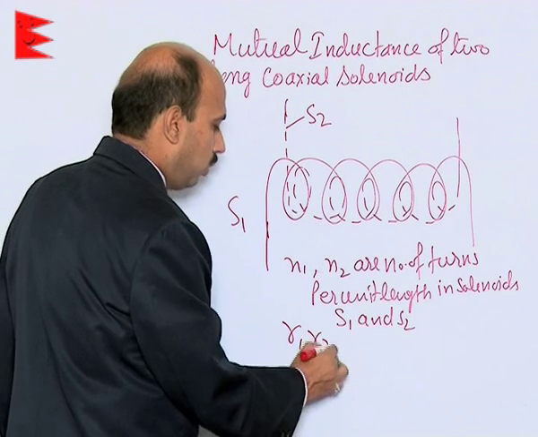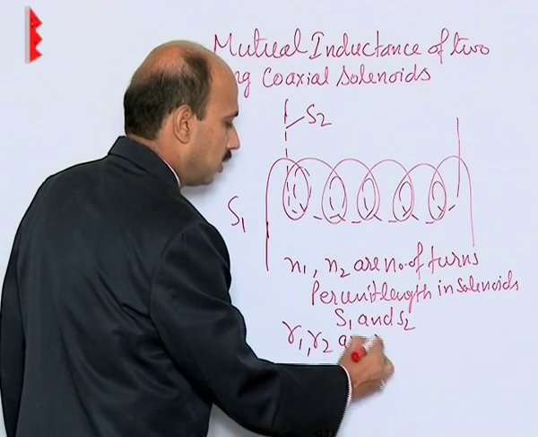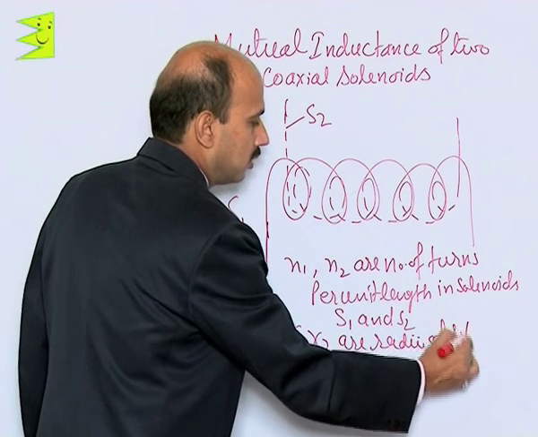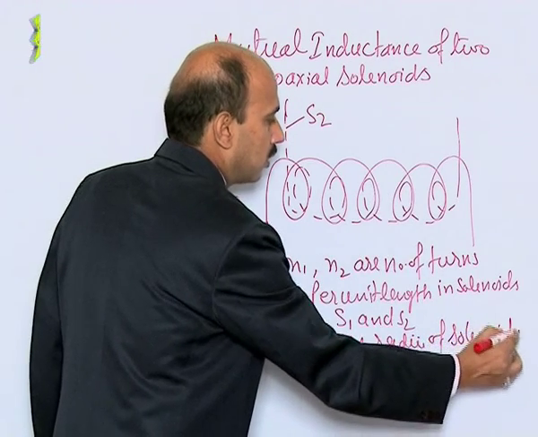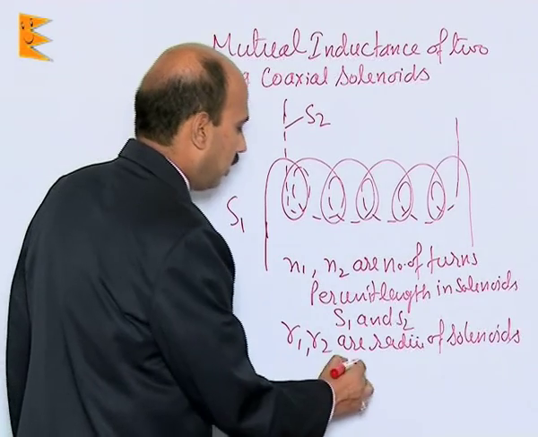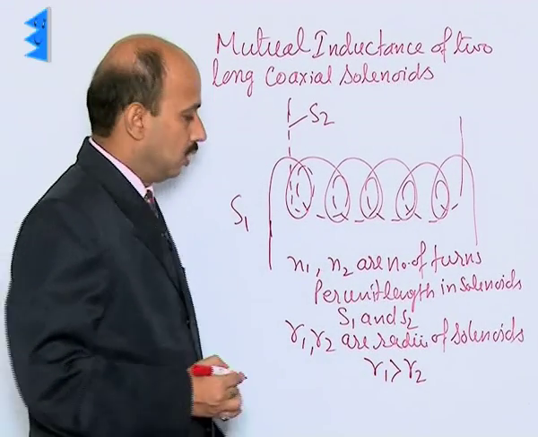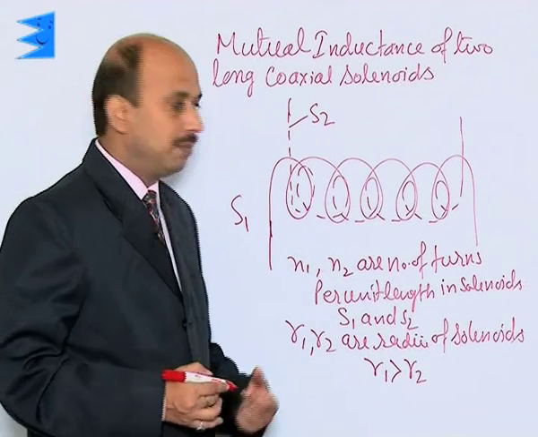R1 and R2 are the radii of the solenoids, and here R1 is greater than R2. So, these are the parameters we have taken.